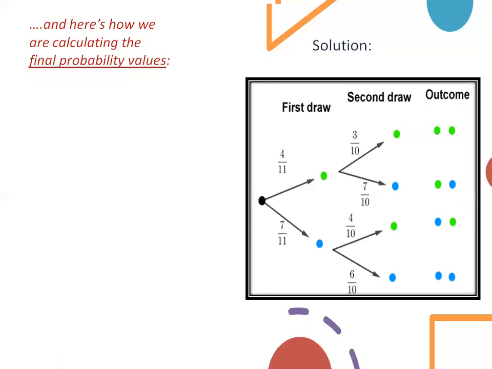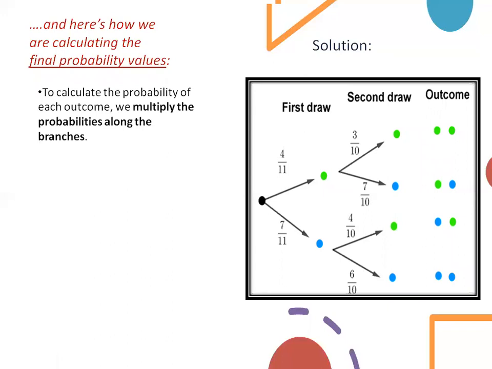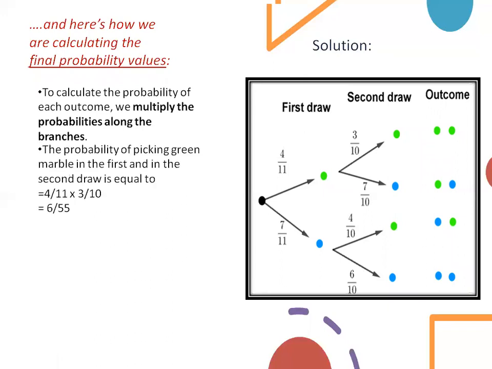The probability of picking a green marble in the first and in the second draw is equal to this value multiplied with this value: 4 by 11 into 3 by 10, that results in 6 by 55.